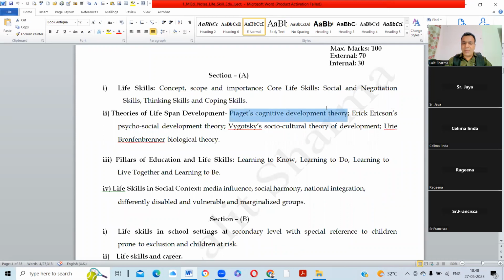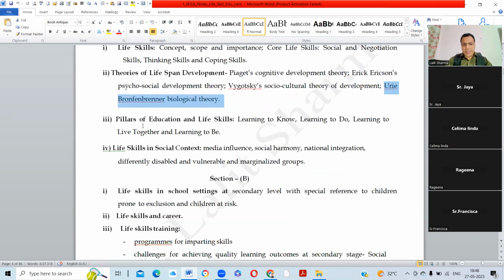Then Erikson's psychosocial development theory, and the third is Vygotsky's sociocultural theory of development, and the last is a biological theory.